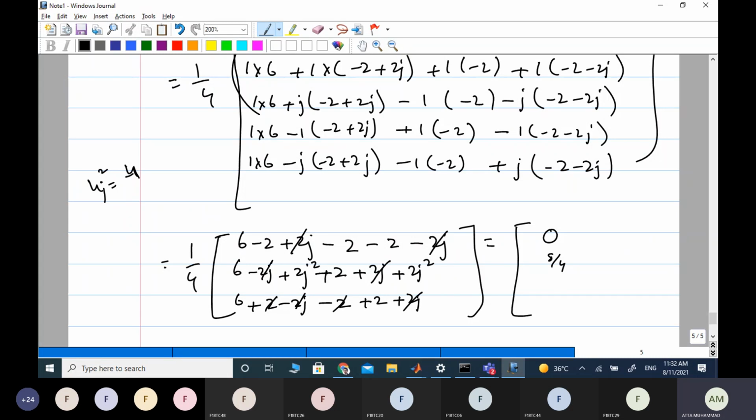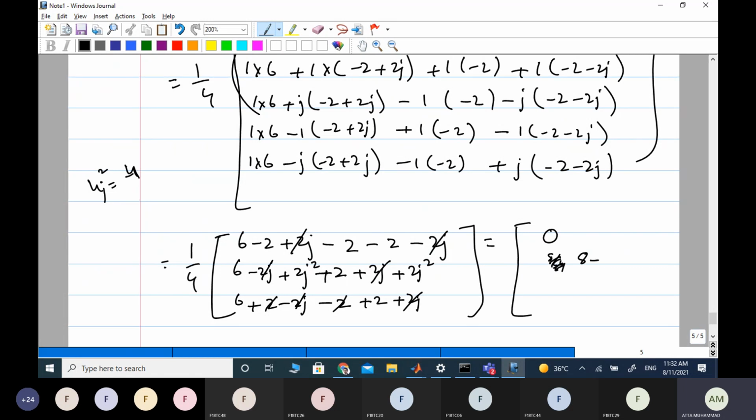And I don't know if I have done a blunder in last calculation, because it has to be 1, but we are getting 2. Let me see. Minus 2j plus 2j get cancelled. We have this 2, and so this plus this is 8, right? So I have to remove it.